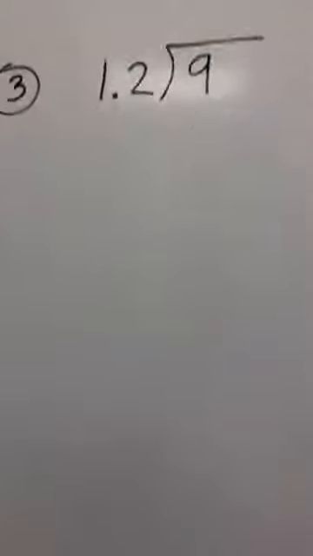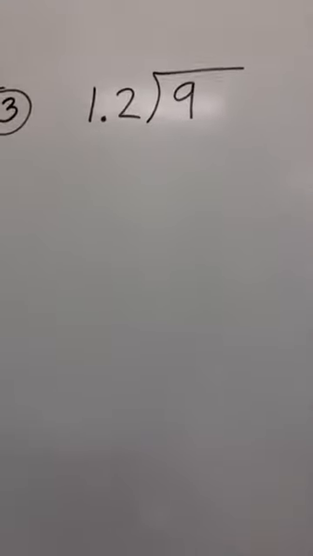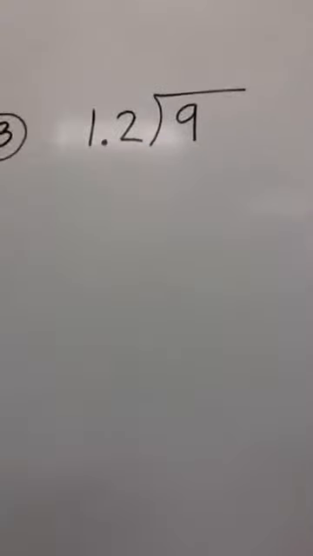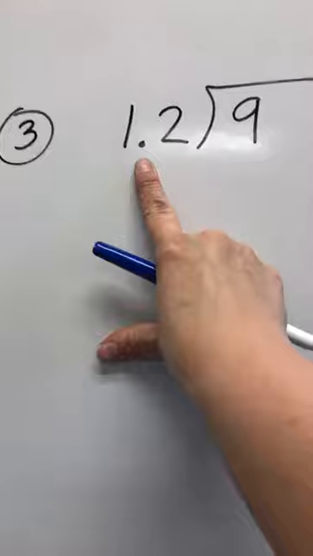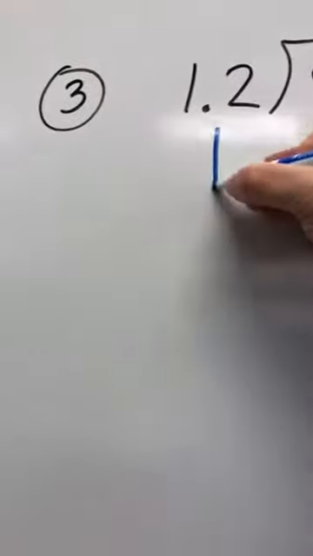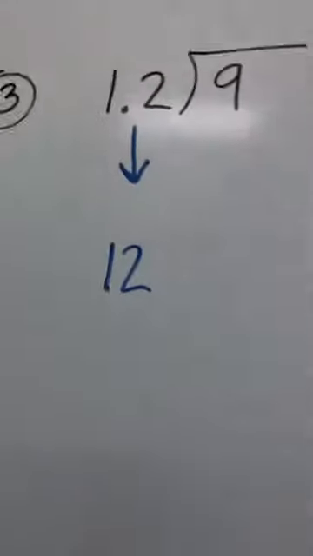This one, we have 9 divided by 1 2/10. What I remind my students is you can't have a decimal as your divisor. So I have to change this 1 2/10 into a whole number, and I'm going to change it to 12.